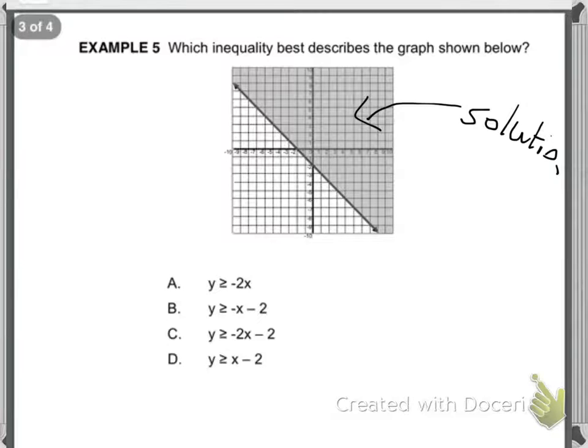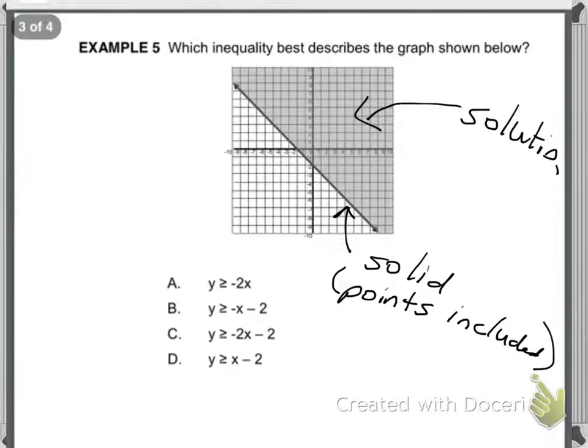Now, the solid line, you have to notice whether that line is solid. If it is solid, the points on the line are also a part of the solution set. So in this case, the points are included in the solution set. If it's dashed, then the points on the line are not included in the solution set.